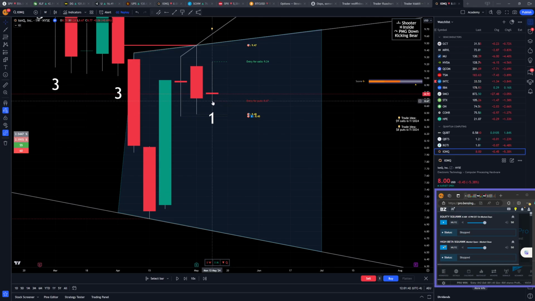So from here, from this shooter, if we trigger these puts, and you saw it gave some June contracts for that to work out, all of these previous lows become our targets where we can take profit.